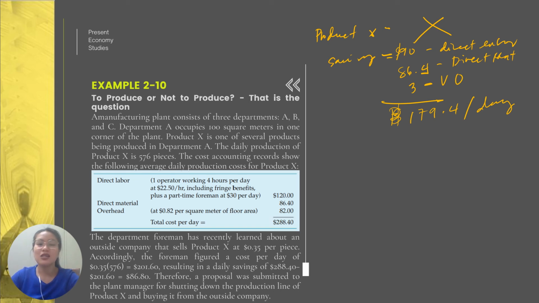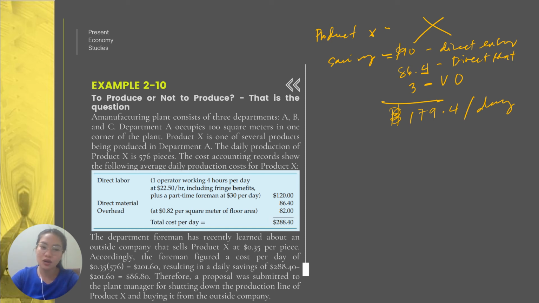So, in conclusion, this example shows how an erroneous decision might be made by using the unit cost of product X from the cost accounting records without detailed analysis.